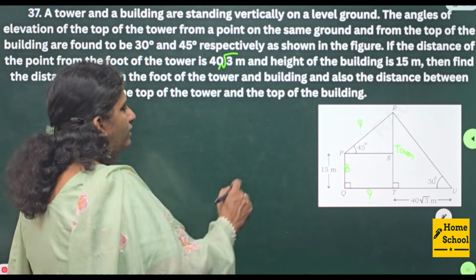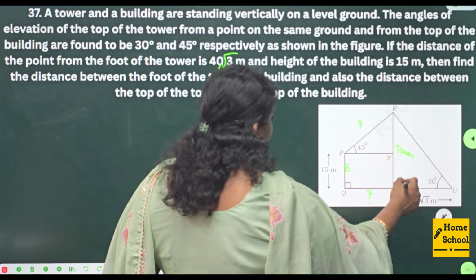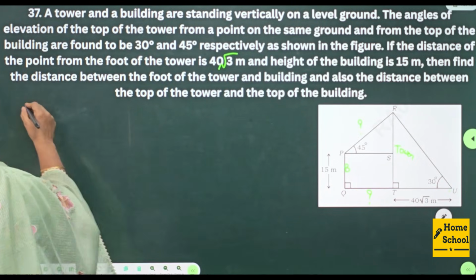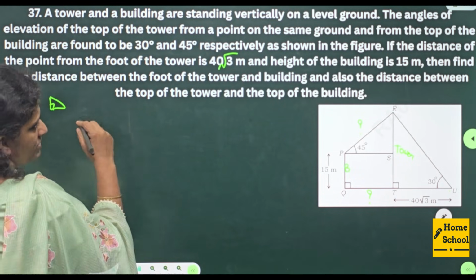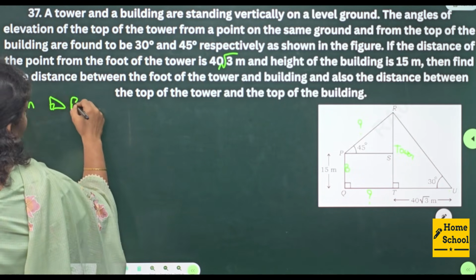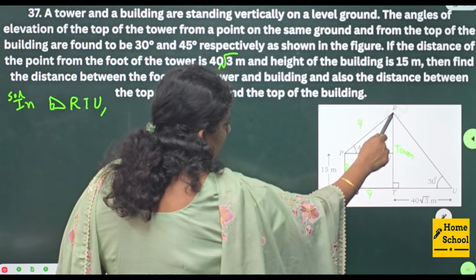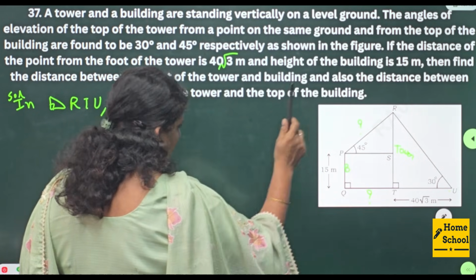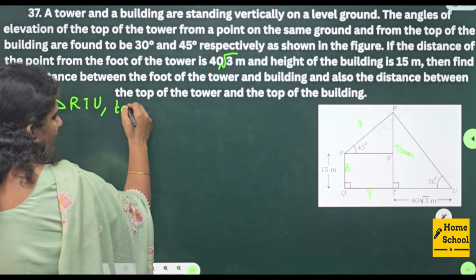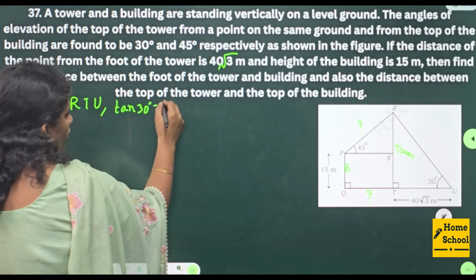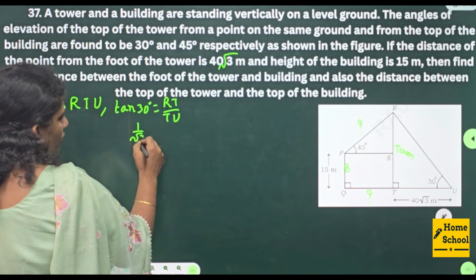This is very simple. What we know here, we know building height, right? So let me take first this right triangle. Write verbal statements properly. In right triangle RTU, here I know this one. Let me find first this one, tower height completely. That means opposite and adjacent. Tan ratio: tan 30 degree is equal to opposite RT by TU. Tan 30 value is 1 by root 3.